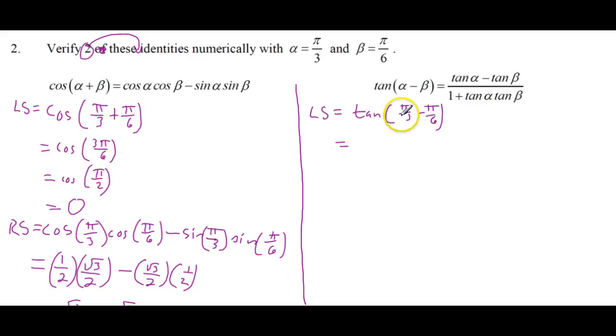So this is 2/6 minus 1/6, so it's the tan of pi over 6. And the tangent of pi over 6, tan is sine over cos, so it's going to be 1 over root 3, right? And if you think 1 over root 3, just write root 3 over 3.